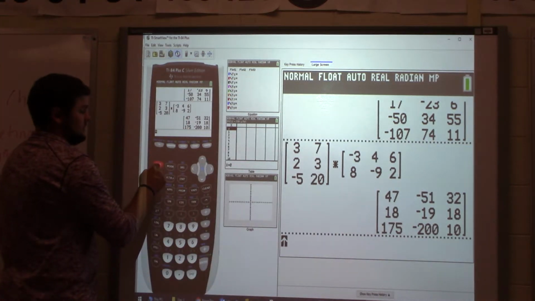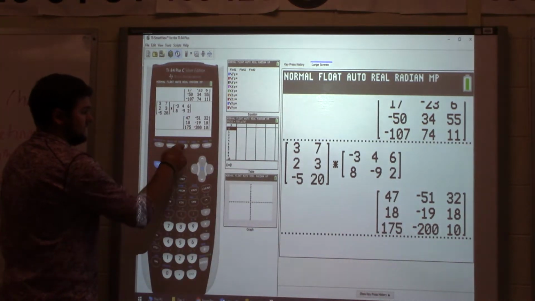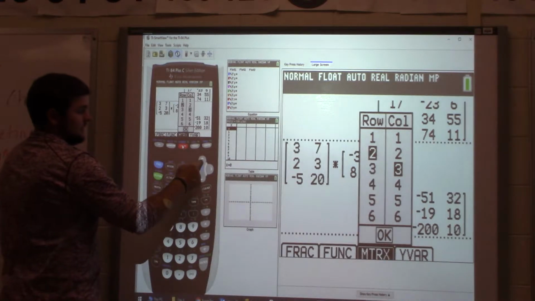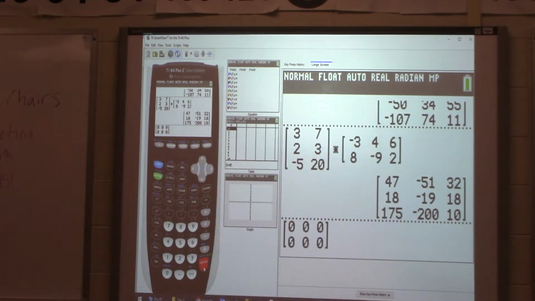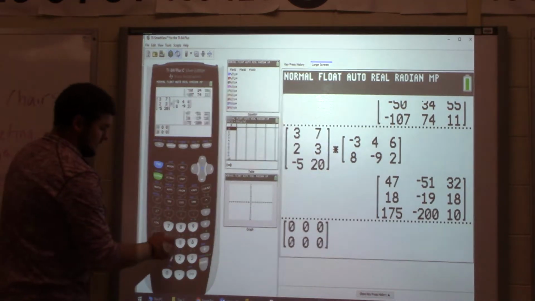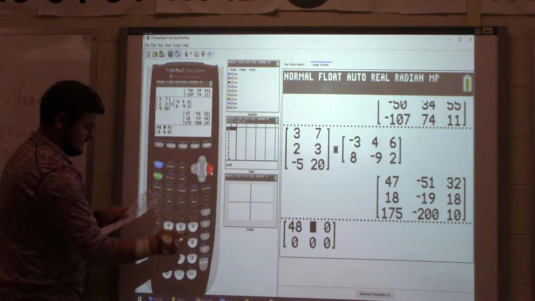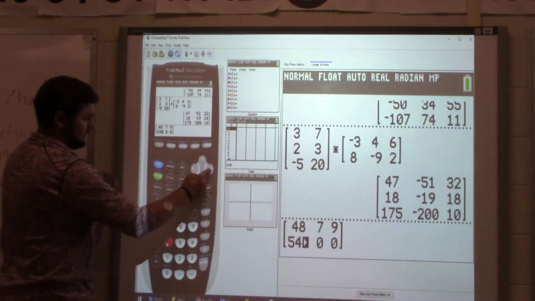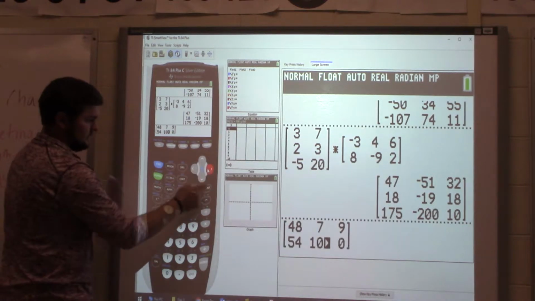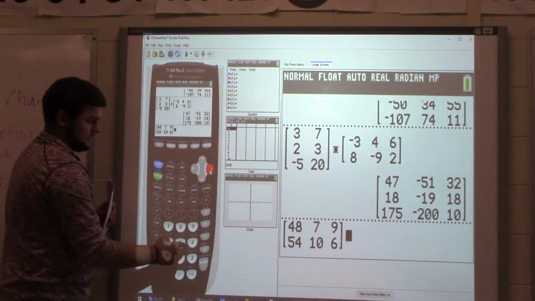So I'm going to do alpha zoom, and I want a 2 by 3 to start. Alright, so plug in my calculator. 48, 7, 9, 54, 10, 6.